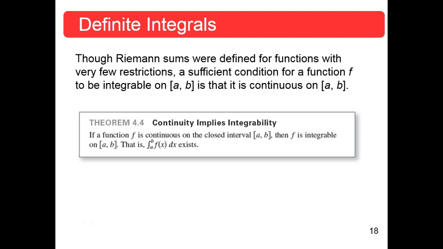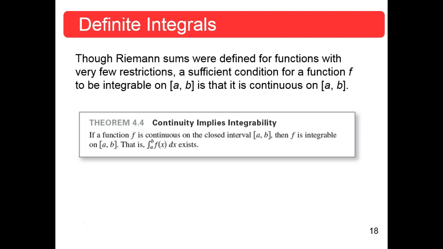So, the Riemann sums were defined for functions with very few restrictions. A sufficient condition for f to be integrable on a to b is that it is continuous on a to b. That's all you need. Okay? Doesn't always have to be positive, just so it's continuous. The Riemann sum didn't even have that, but we do require that for it to be integrable.